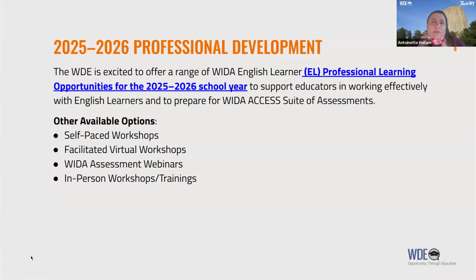I'm always excited to share that WDE is offering a variety of WIDA English Learner professional learning opportunities for the 25-26 school year. These are designed to help you support ELs effectively and prepare for the WIDA Access assessments.